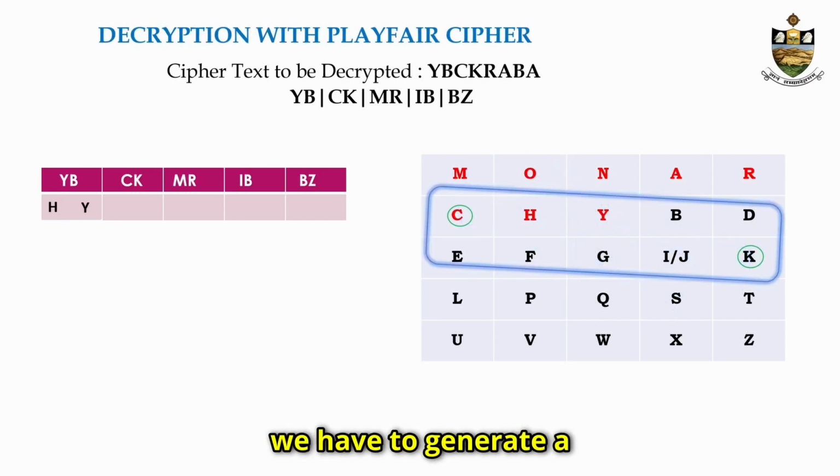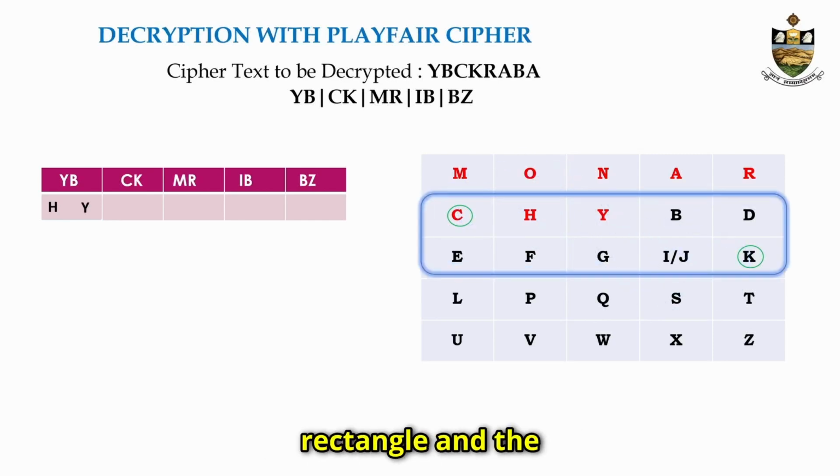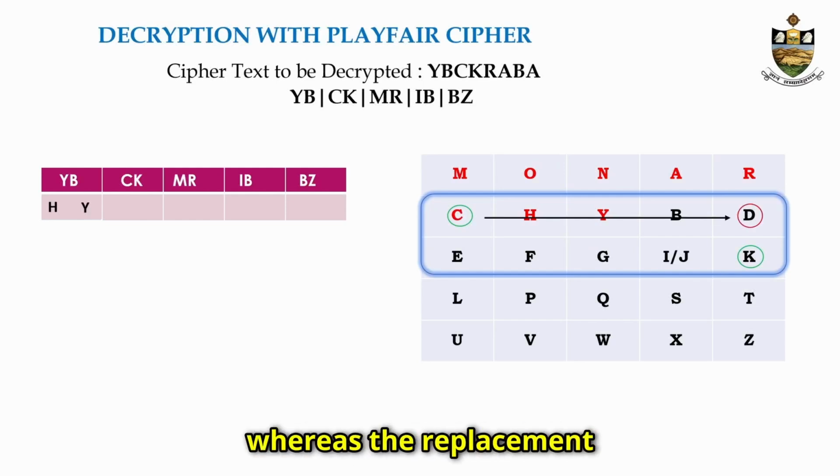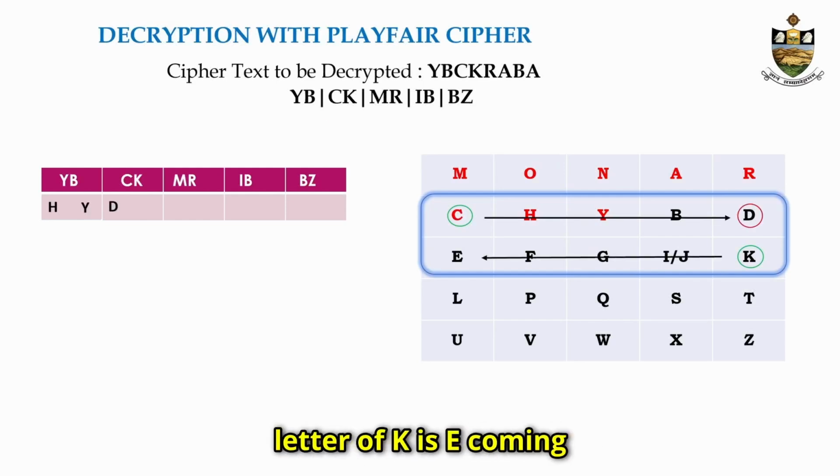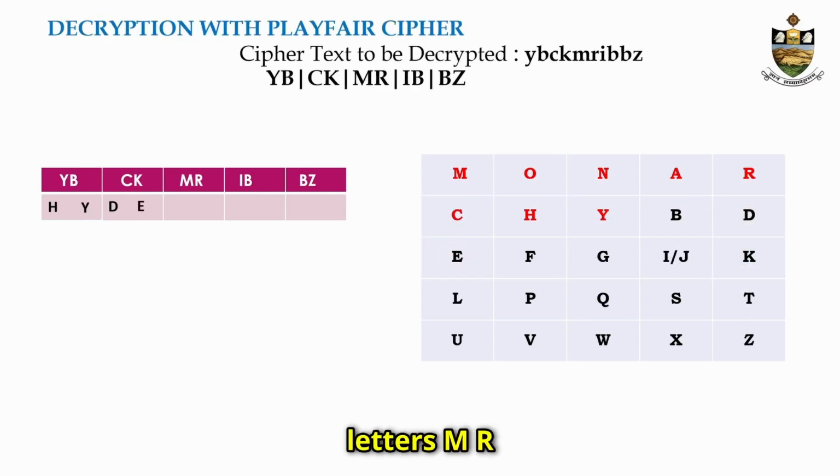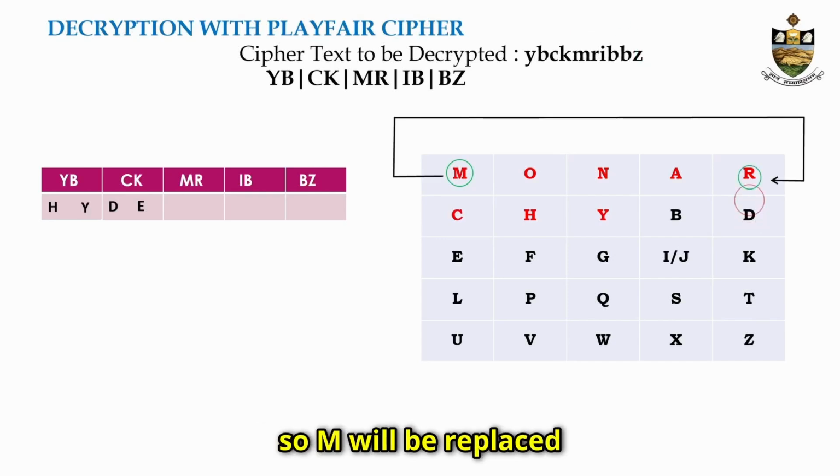We have to generate a rectangle, and the replacement of C will be D, the opposite corner, whereas the replacement letter of K is E. Coming to the next pair of letters MR, they are in the same row. So, M will be replaced with R, and R will be replaced with the left letter, which is A.